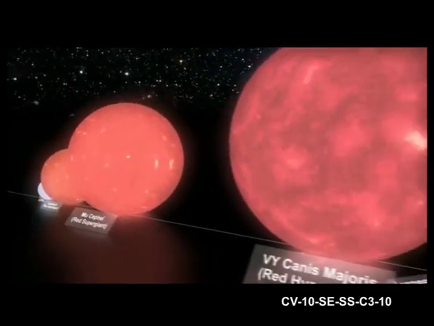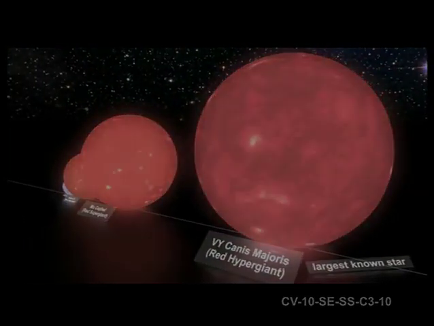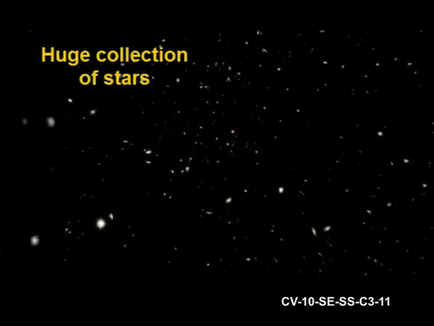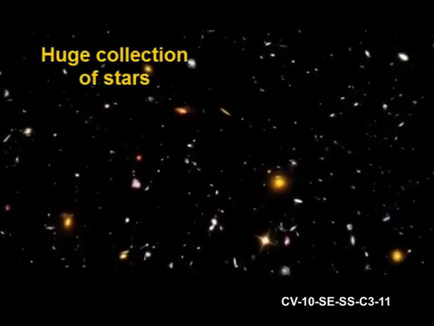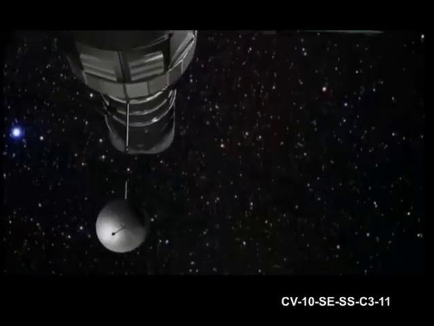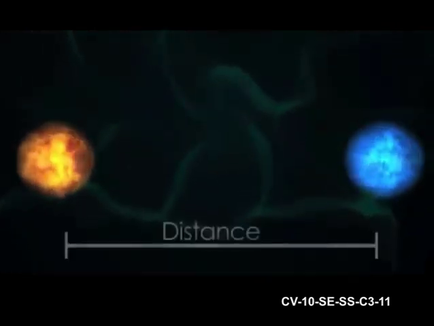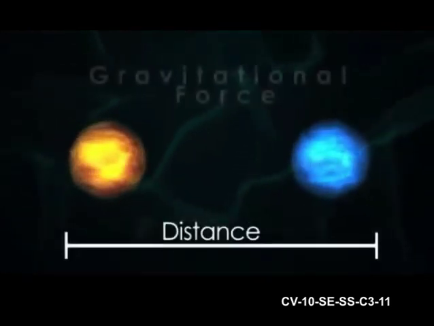We know that there are huge collections of stars out in the sky. Astronomers have been able to put them into different groups based on the gravitational pull between the stars.